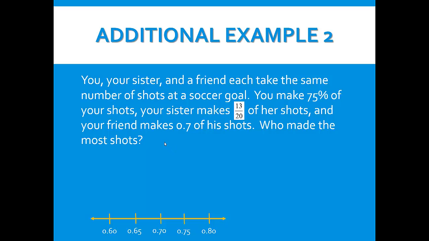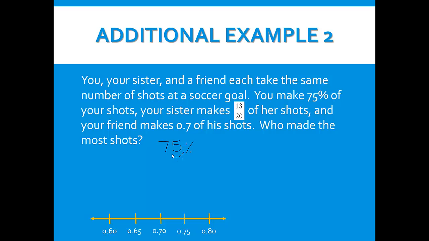We first need to convert 75% and 13/20ths into decimals. We can then order all 3 of them on a number line and then see who made the most shots. So first we'll start with 75%. We're going to convert that to a decimal. There isn't a decimal in 75%, so it would be at the end.